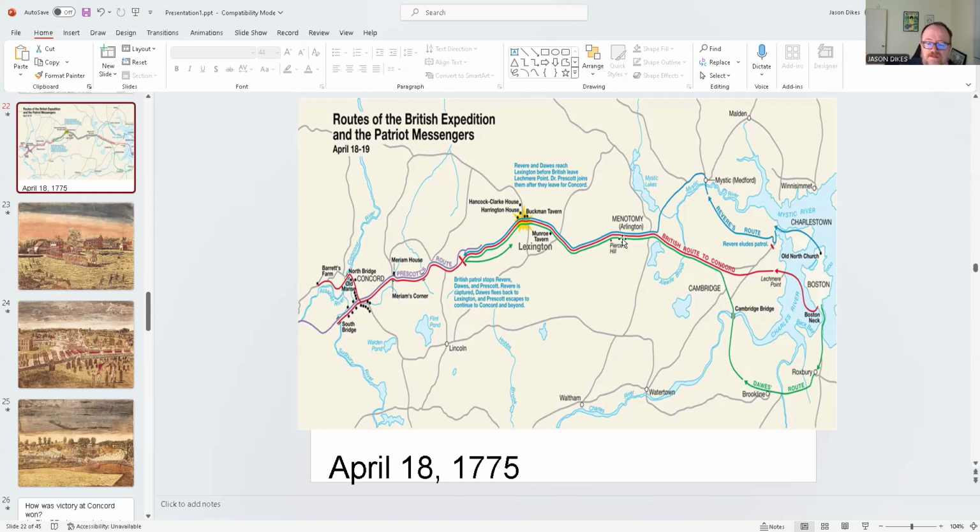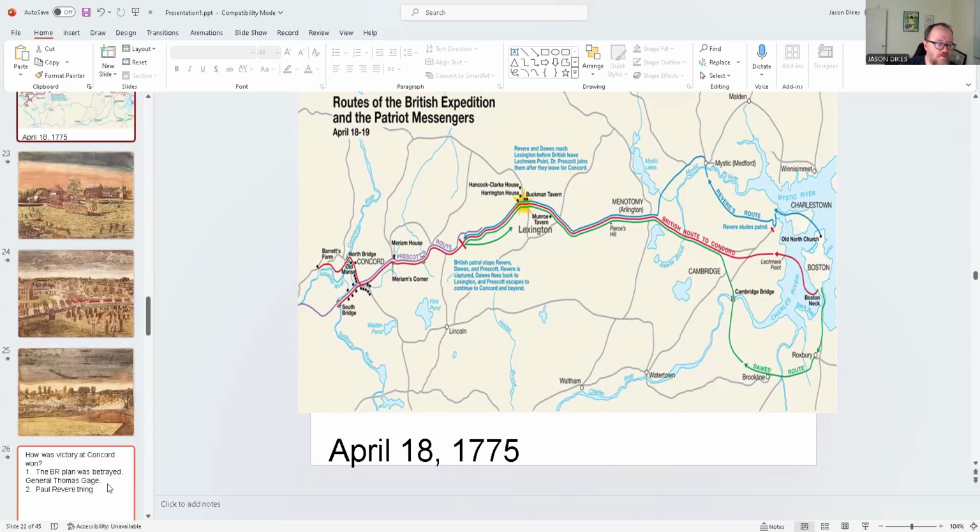And so what that meant is while the British were marching on this road, all these Americans were marching through the woods to get out here to Concord. So it's not just the Concord militia that's out there, it's militias from all over this route here in Massachusetts.